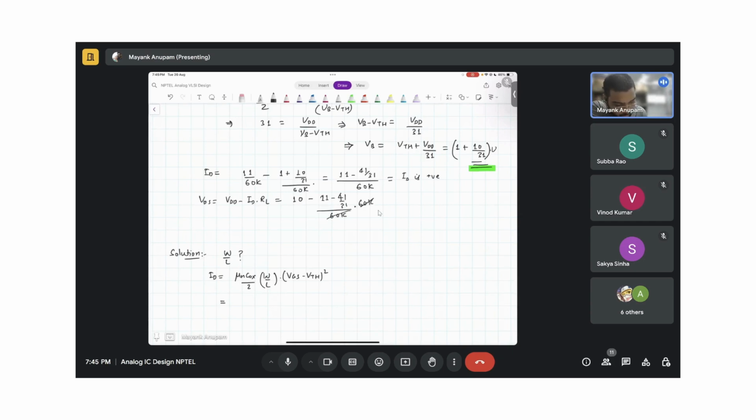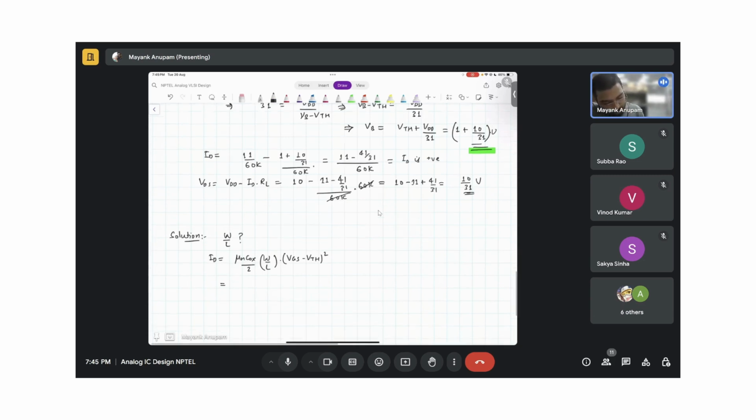Doesn't this cancel away? 10 minus 11 plus 41 by 31. How much will this be? 10 upon 31 volts. So this is VDS, right?